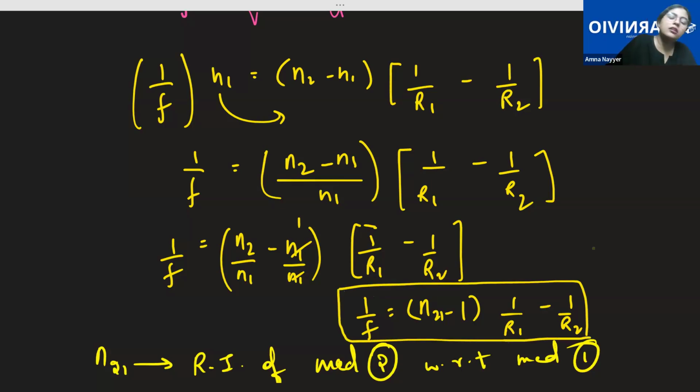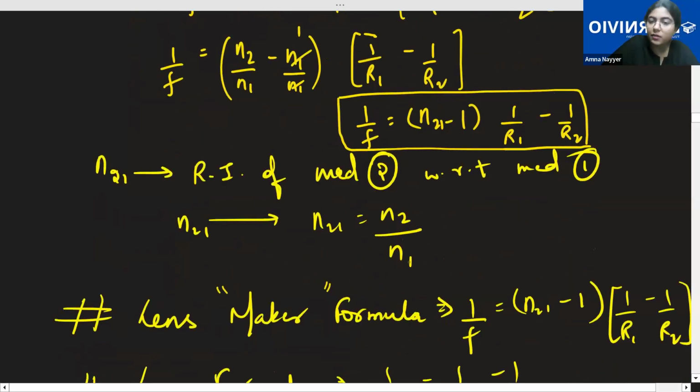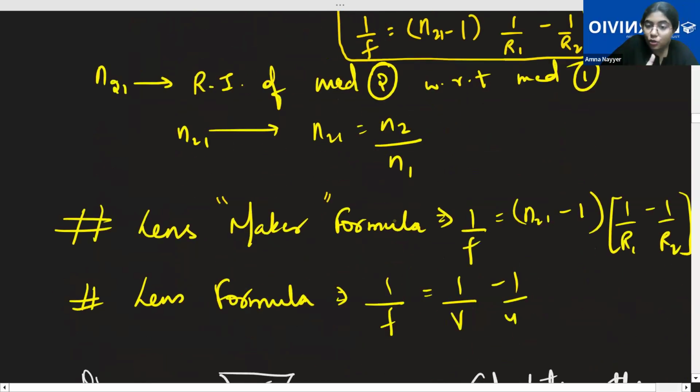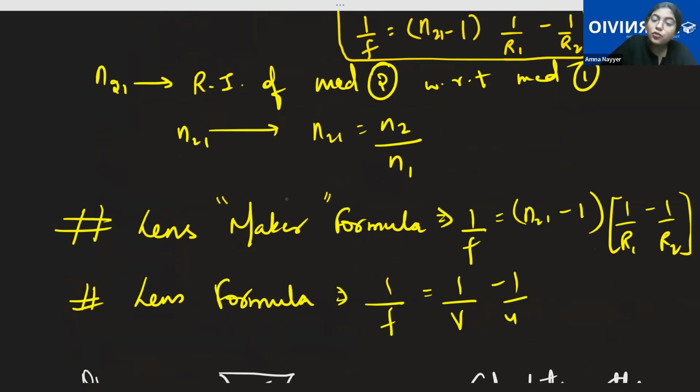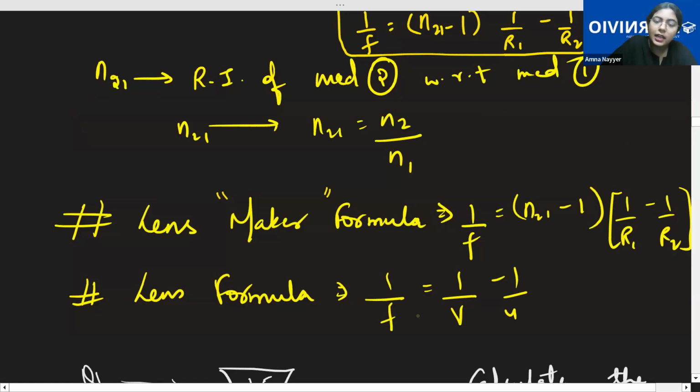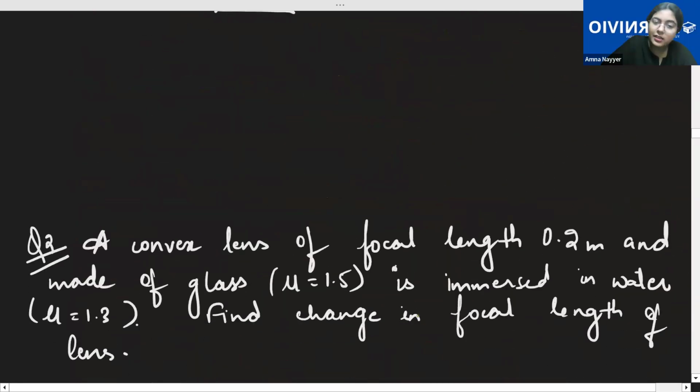And N21 is what? The relative refractive index of second medium with respect to one, which we have already discussed when we started refraction. So two formulas are here. Lens maker formula is 1 by F equals N21 minus 1, 1 by R1 minus 1 by R2. Lens formula is 1 by F is equal to 1 by V minus 1 by U. Lens formula also has a derivation that we'll do later. First, we'll be practicing lens maker formula questions, its applications.